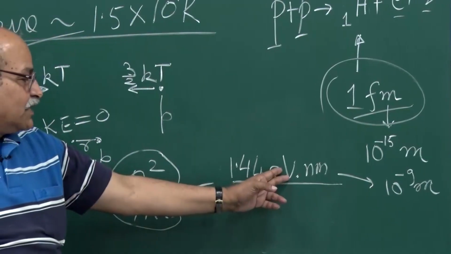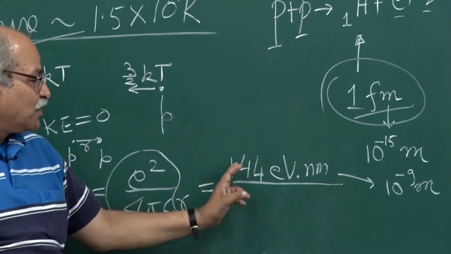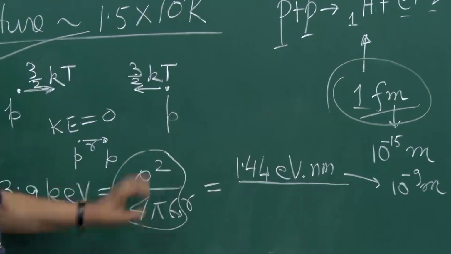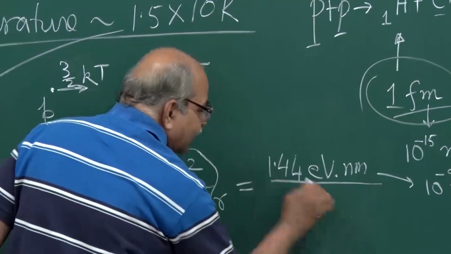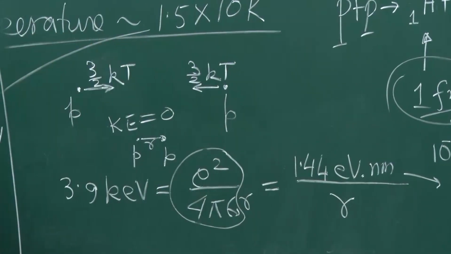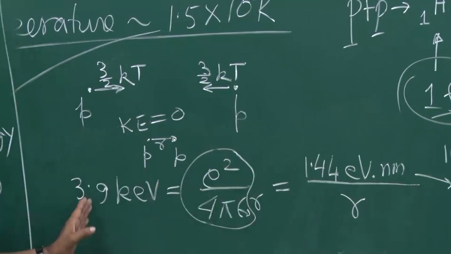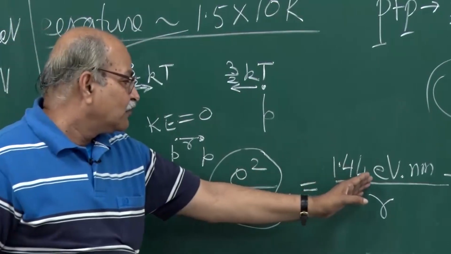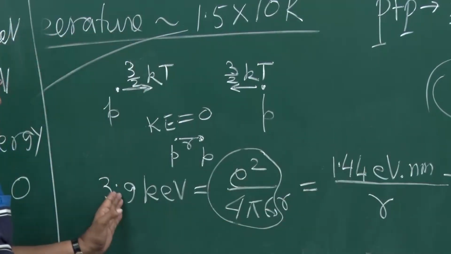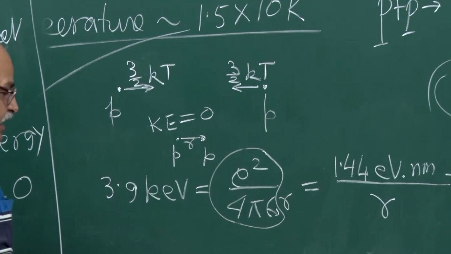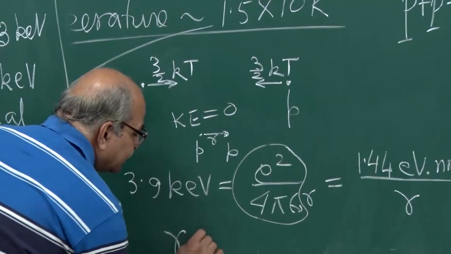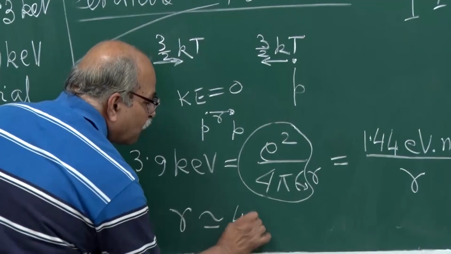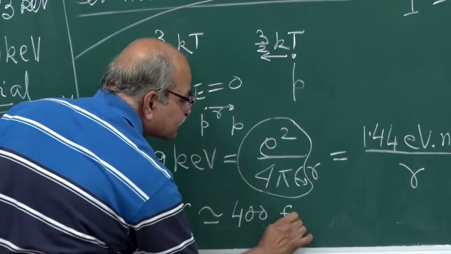So electron volt unit and then nanometer unit, 1.44 eV/nm. This is this part, and then it is R here. So from here you can calculate R. R will be equal to 1.44 eV/nm divided by 3.9 kilo electron volt, and if you calculate that, it turns out to be almost 400 femtometers.